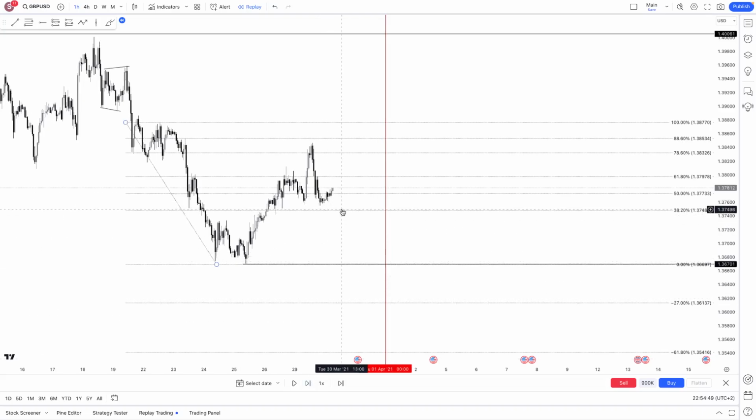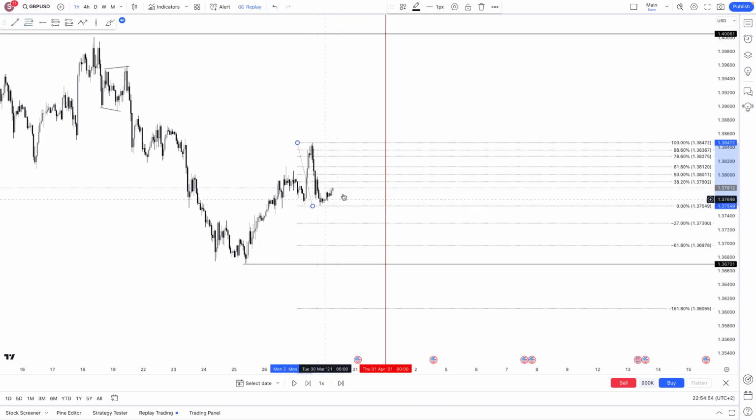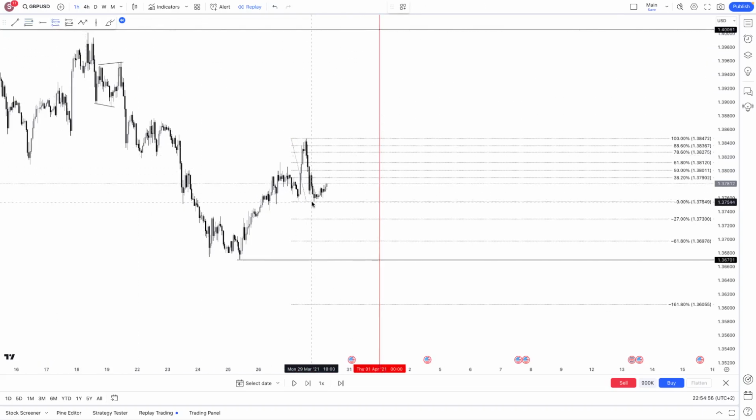Okay, so this is a sell setup. I want to see price break this low and I'll be in the trade.